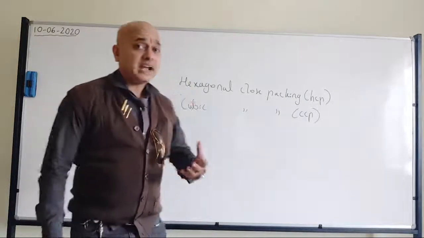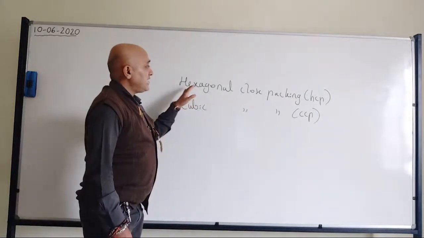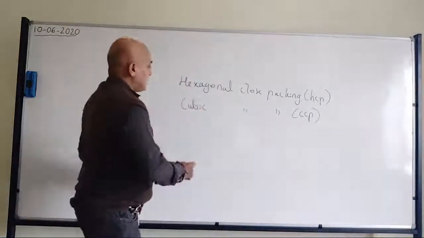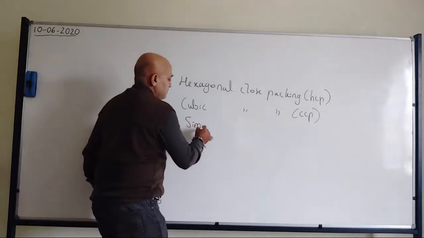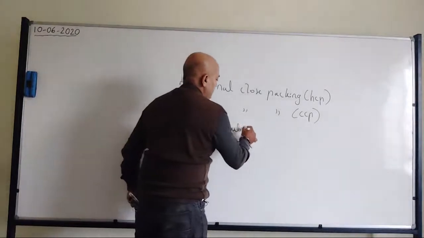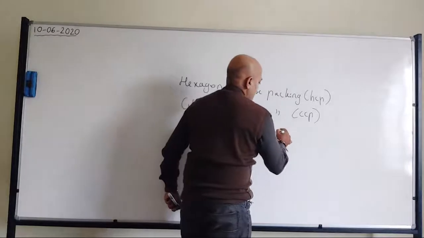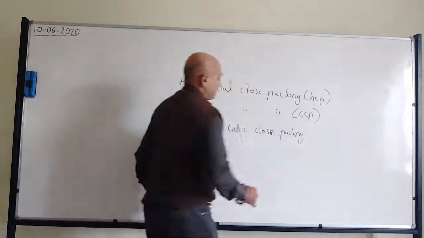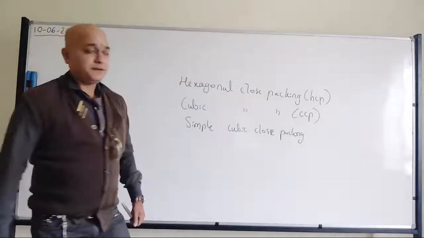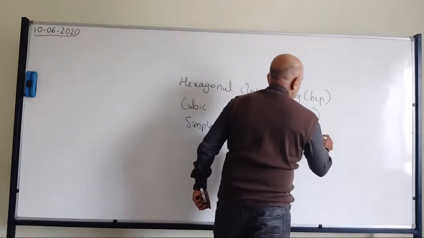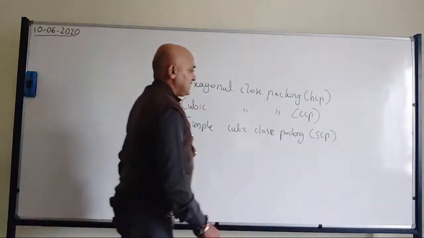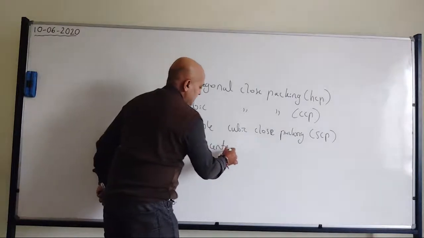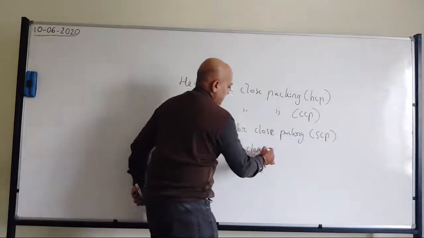So based on that, what you can remember here is, we can have either hexagonal close packing, cubic close packing, and even simple cubic packing, SCP, and another one is body centered packing, BCP.